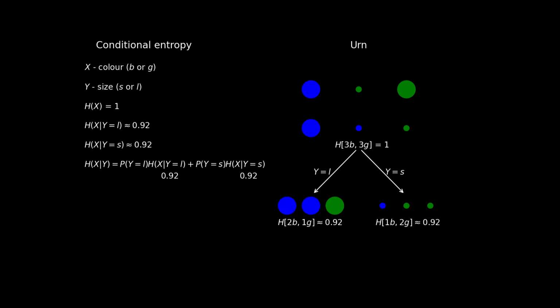Since these are already calculated above, all we need is to plug in the weights, which are the probabilities that the ball is large or small. So the conditional entropy of x given y is 0.92 bits. In other words, if we knew the size of the ball, the entropy of color would decrease from 1 to 0.92.